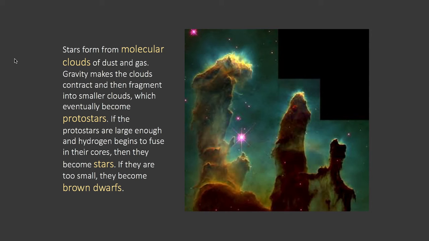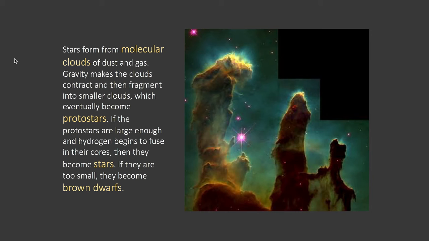Those smaller clouds will become protostars, so not quite stars, the early stages of a star forming. So from a big cloud, you get fragmentation into smaller clouds. Those smaller clouds become protostars. They're not quite stars yet, they're just small clouds of dust and gas that are being condensed by gravity.